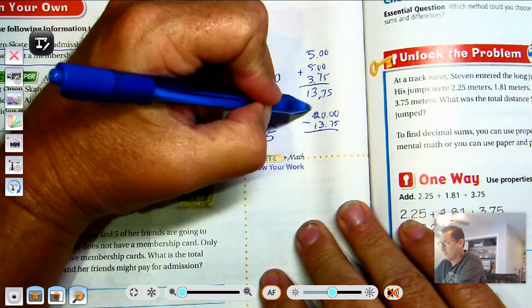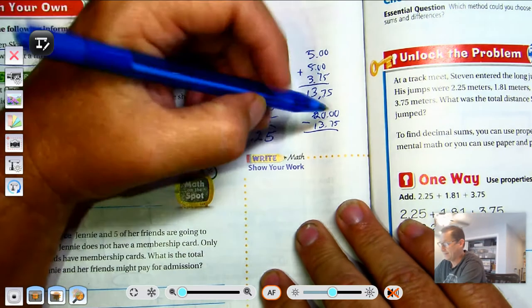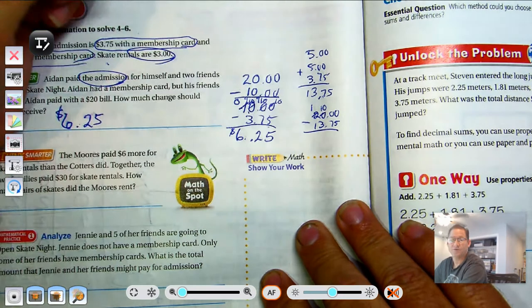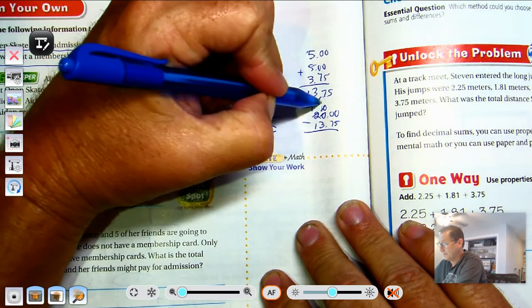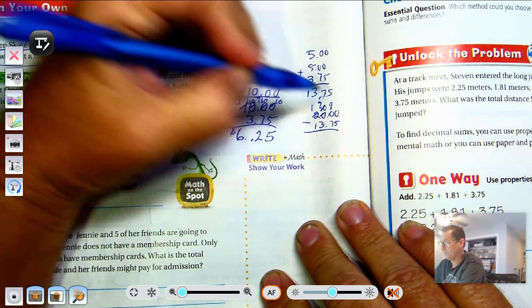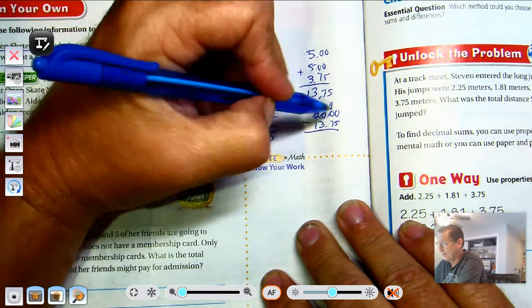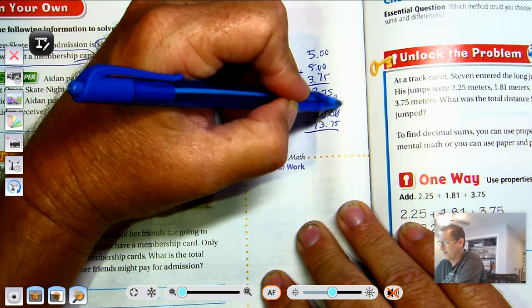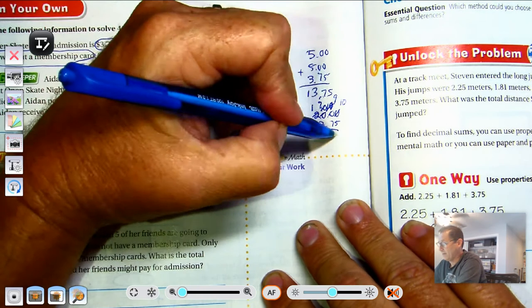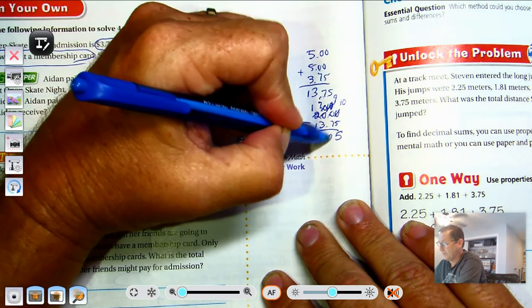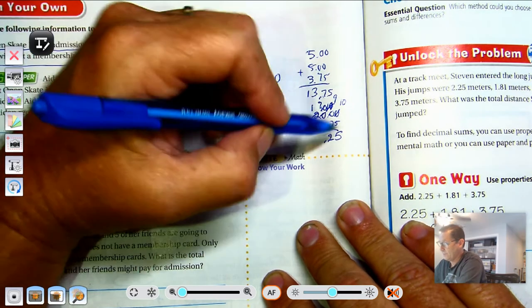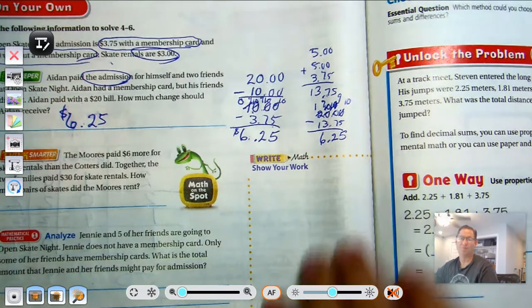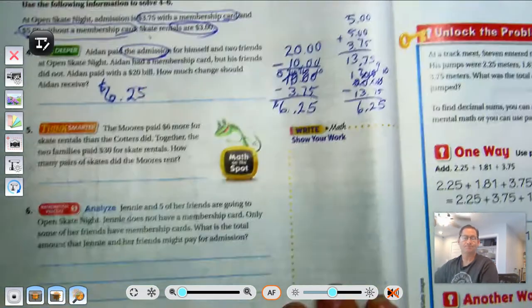Again, we would have to start by regrouping from the tens, give to the ones, then we can regroup the ones and give to the tenths, and then finally to the hundredths. 10 take away 5 is 5, 9 take away 7 is 2, and 9 ones take away 3 ones is 6. So either way would work.